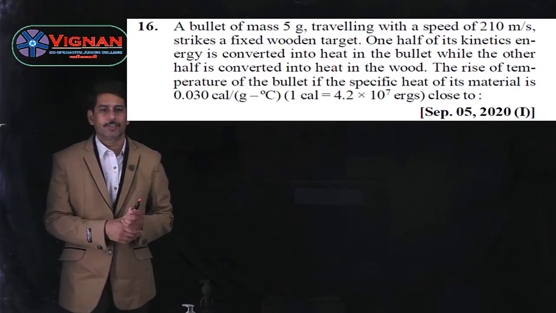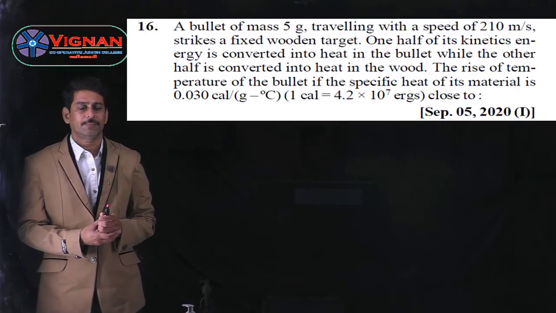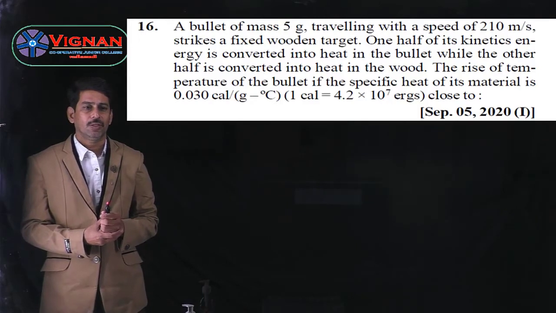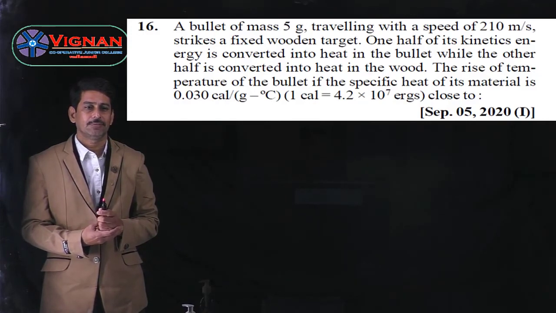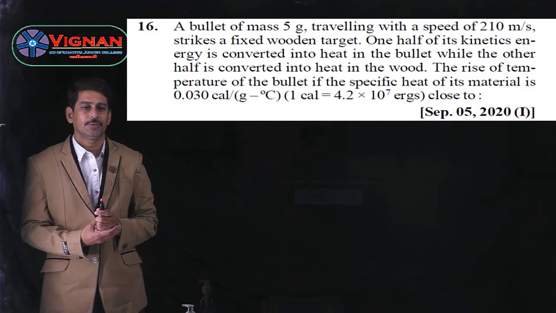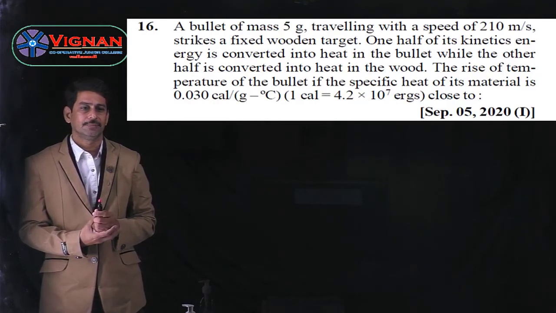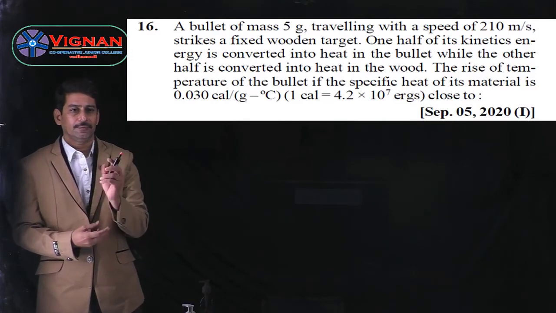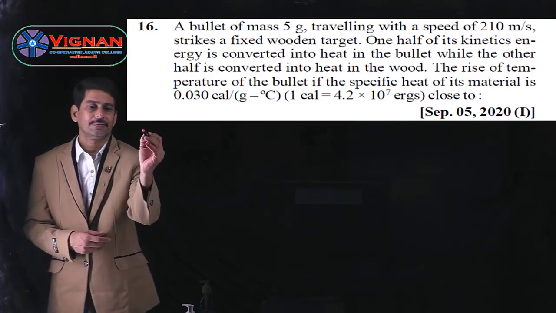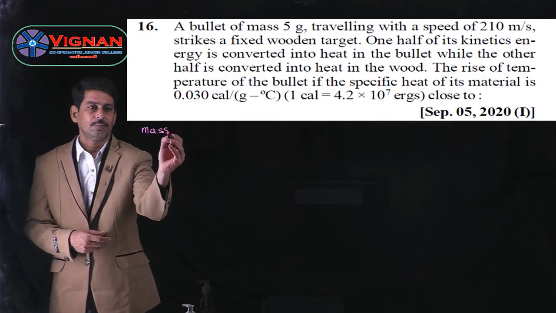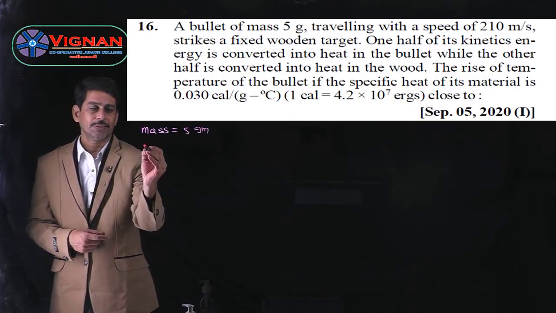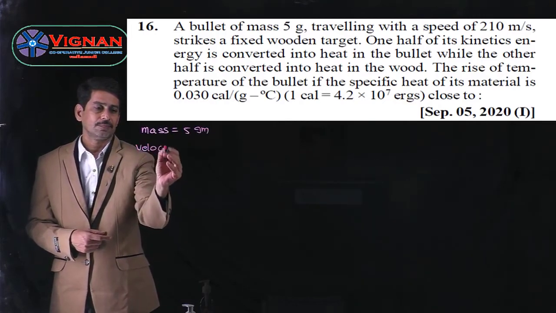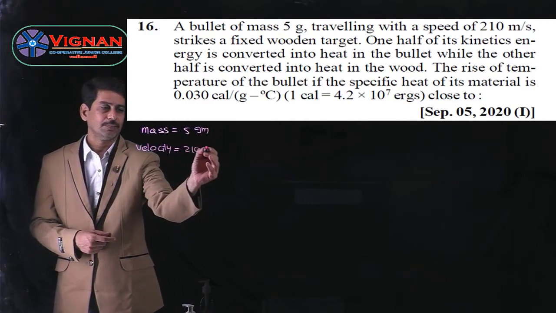So next problem. A bullet of mass 5 gram traveling at a speed of 210 meter per second strikes a fixed wooden target. One half of its kinetic energy is converted into heat in the bullet, while the other half is converted into heat in the wood. The rise of temperature of the bullet, if the specific heat of the material is 0.030 calorie per gram degree centigrade, is. Here, mass of the bullet is given as 5 gram, traveling with a velocity of 210 meter per second.